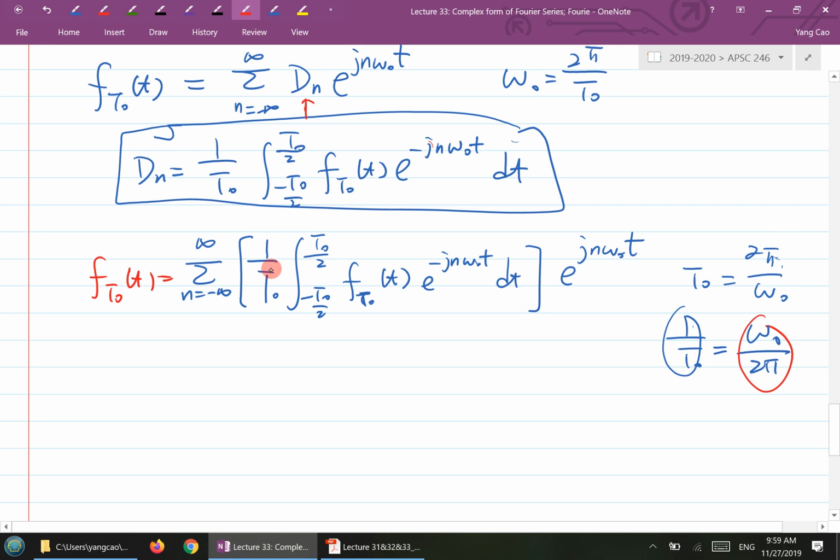This is a constant, so you can literally take the constant out of the summation sign, because it's a constant times everything else. So if you do that, you get 1 over 2 pi outside the summation sign, and then you have this integral in the middle.